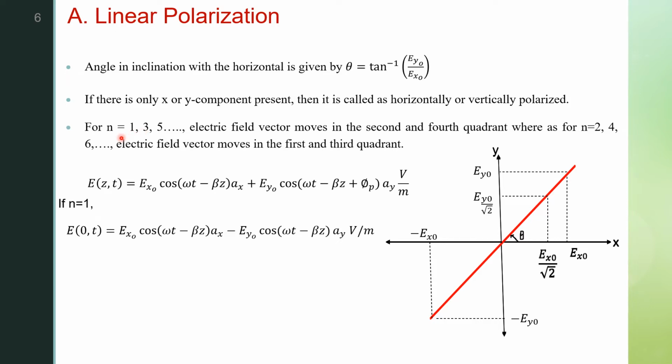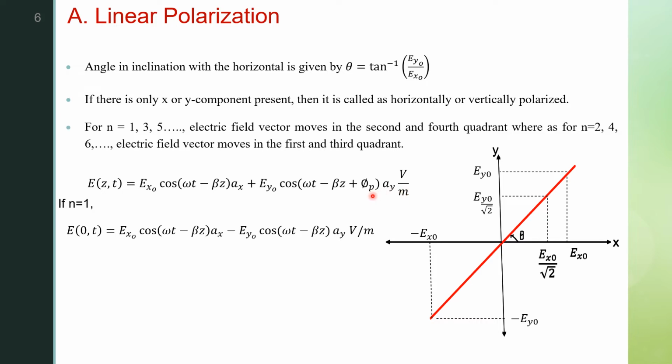If n is equal to 1, we know the general expression for the electric field is Ex0 cos(omega t minus beta z) Ax cap plus Ey0 cos(omega t minus beta z plus phi p) Ay cap volt per meter.